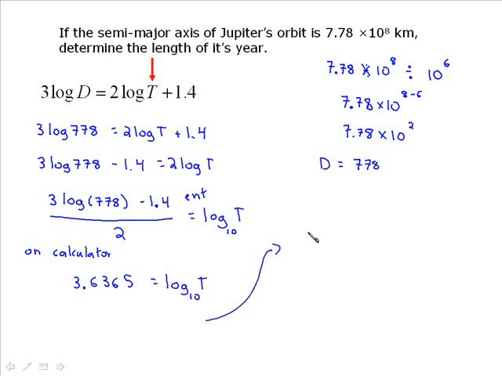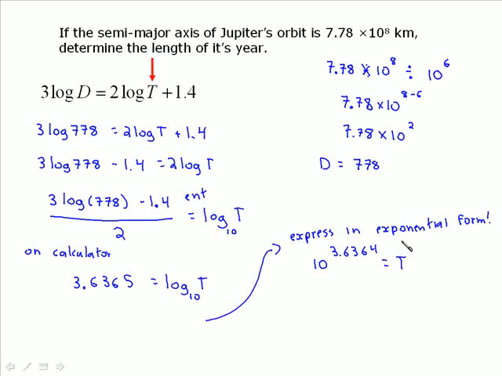Now, the only way you can solve this, which will stop a few people, is to express it in exponential form, just like we were doing before. That becomes 10 to the 3.6365 is equal to t.